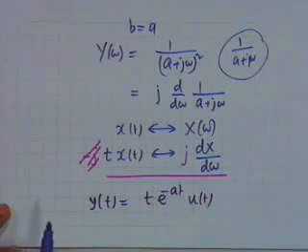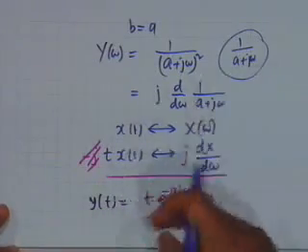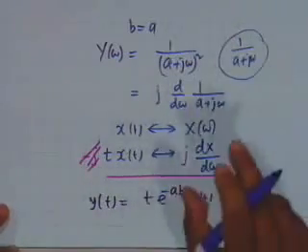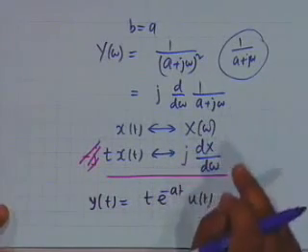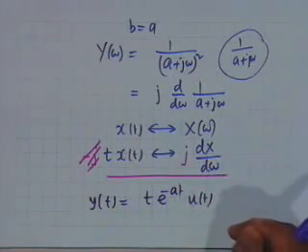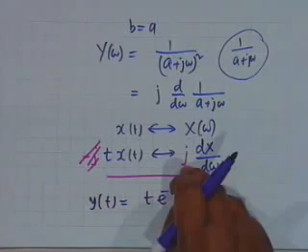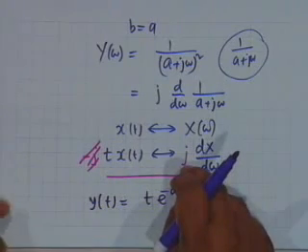And therefore, my conclusion is that y of t must be equal to t e to the minus a t u of t. Is it okay? Similarly, we can find 1 by (a plus j omega) whole cubed and so on. All we have to do is go on differentiating, d squared by d omega squared. The multiplier shall now change, j times j, so it will be minus 1, and so on. This you can take care of.